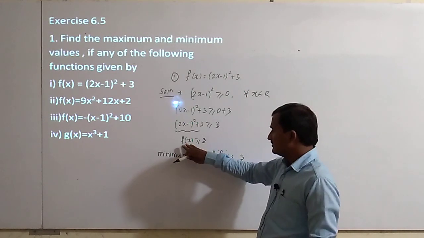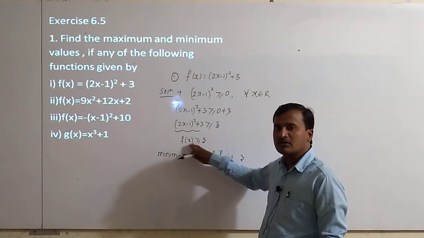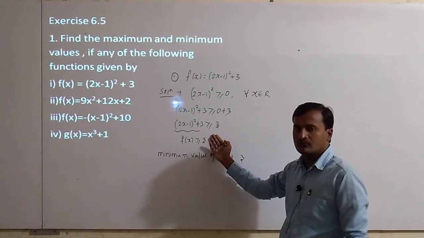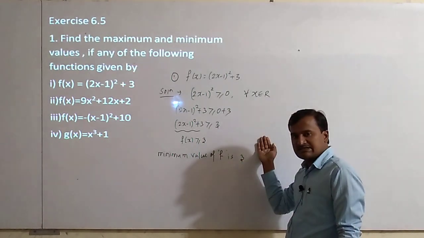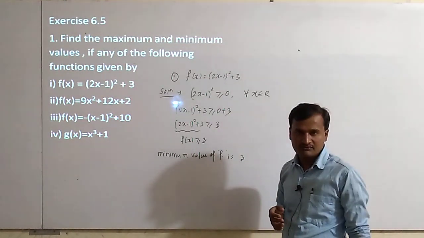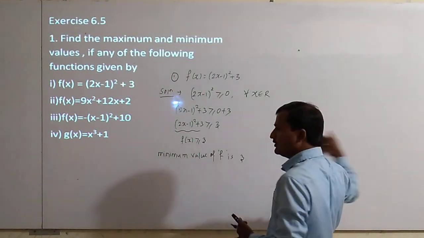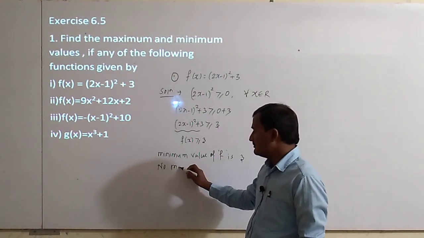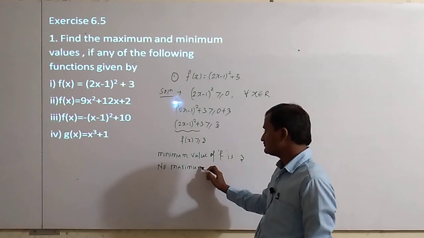This function is more than or equal to 3 means what we are getting? So we are getting 4, 5, 6, 7, 8, 9, 10 up to infinity, right? So clearly we are getting up to infinity, which means this function has no maximum value.